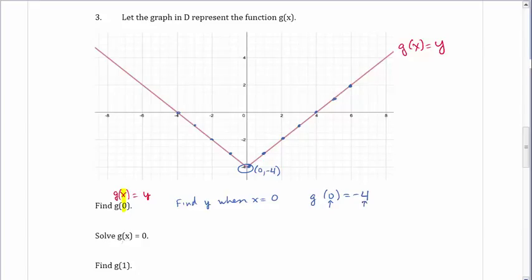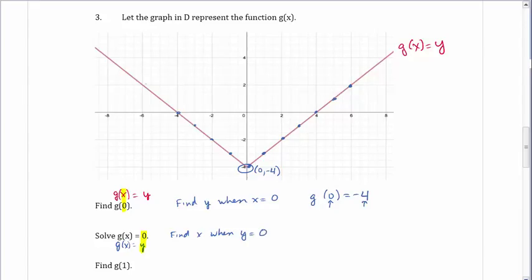Second question here says solve g of x equals 0. So again, I'm going to write under it g of x equals y to keep track of what number I'm given. And in this case, I'm given that y is 0. So this one's the reverse. This is asking me to find x when y equals 0.